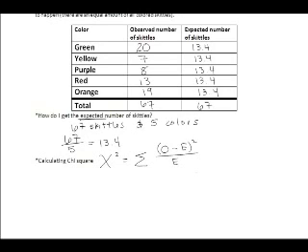So let's begin. My first frequency is green. So for green, it's 20 minus our 13.4 expected frequency, over our expected frequency. And the top should be squared.